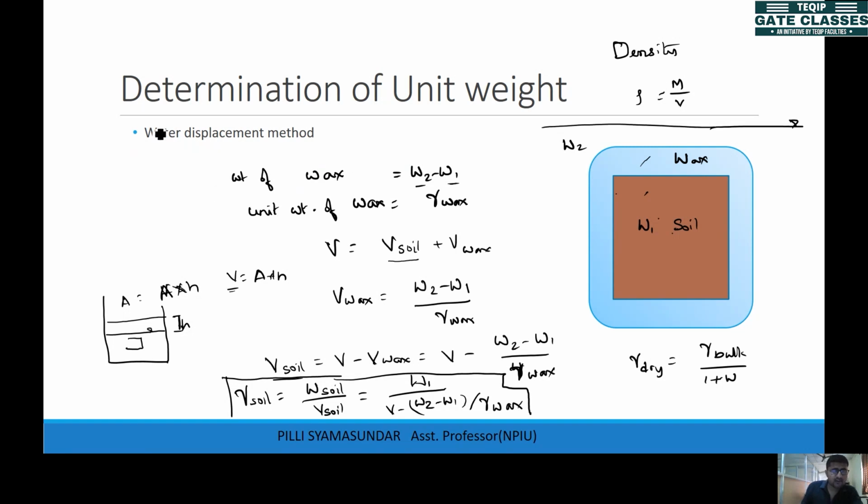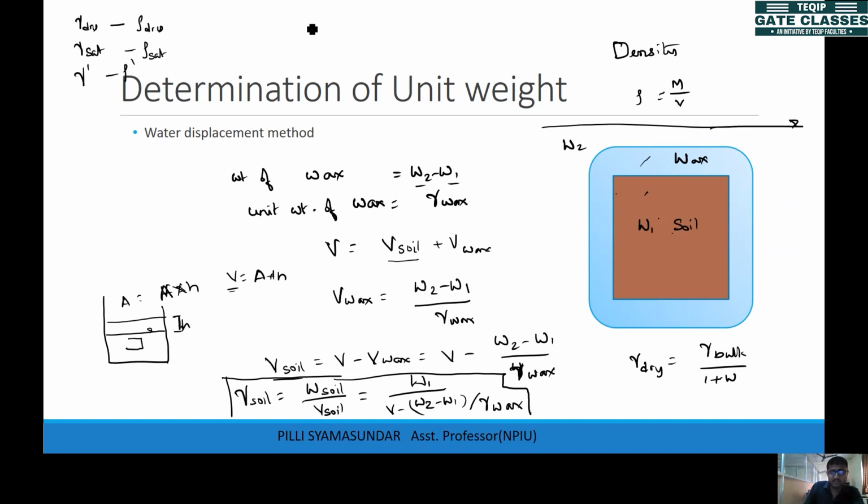The same way you have all the unit weights such as gamma dry, gamma sat, gamma submerged, similarly you have rho dry, the dry density, saturated density, and the same way submerged density.